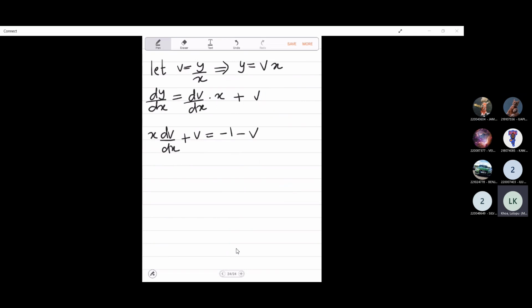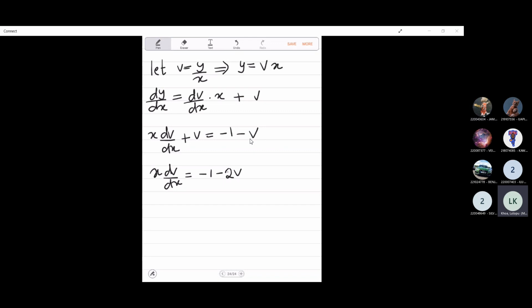Okay, so now that I have this, we can simplify this as far as possible. So I have x dv/dx equal to -1 minus 2v. And then, like I said, what you have over here should now be separable.